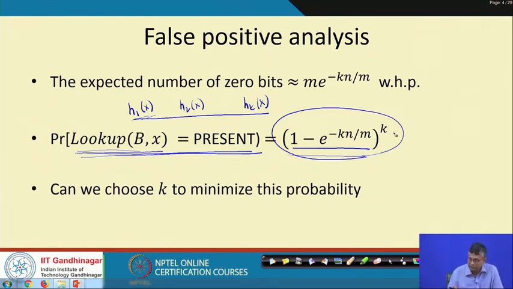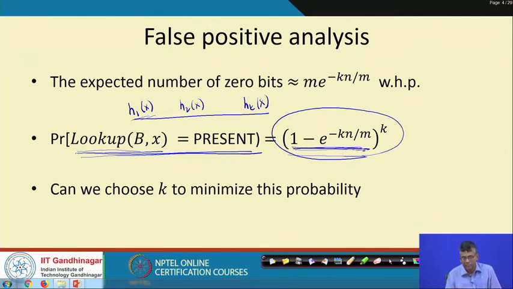Notice that this expression very nicely captures the two roles of k. As k changes, the inner expression 1 minus e to the minus k n by m increases monotonically, whereas the power k definitely decreases.